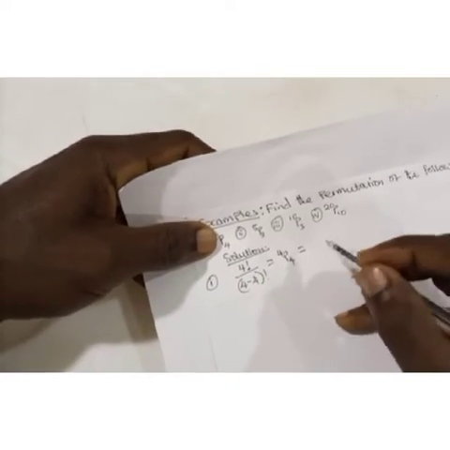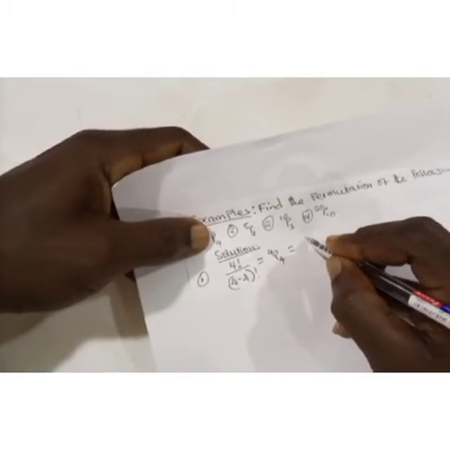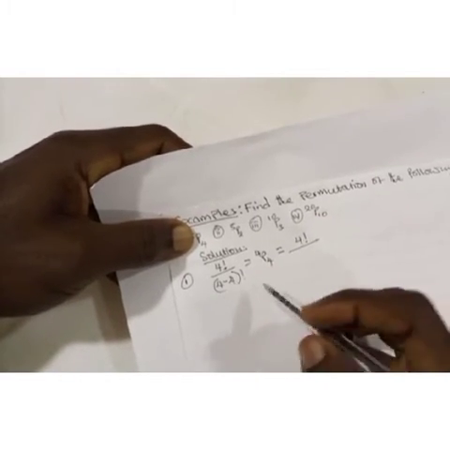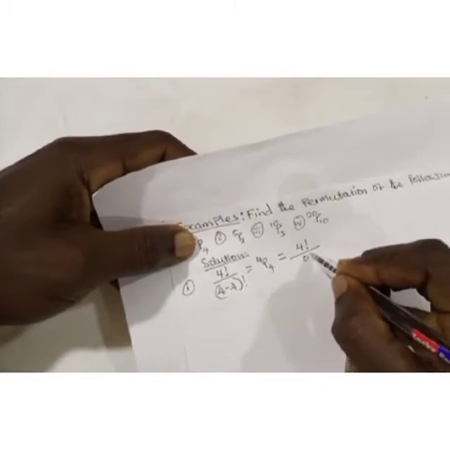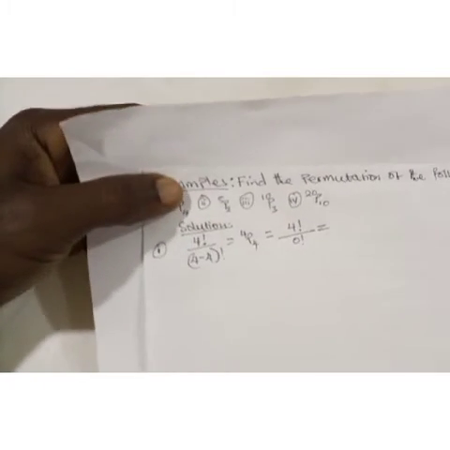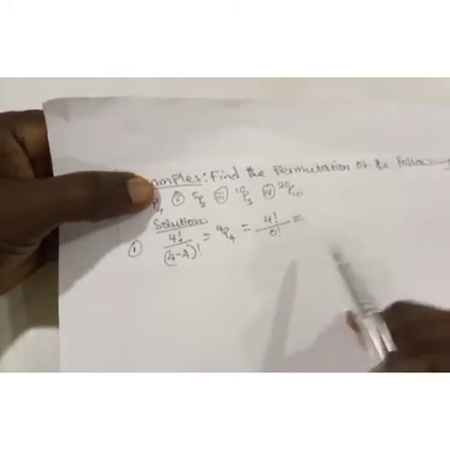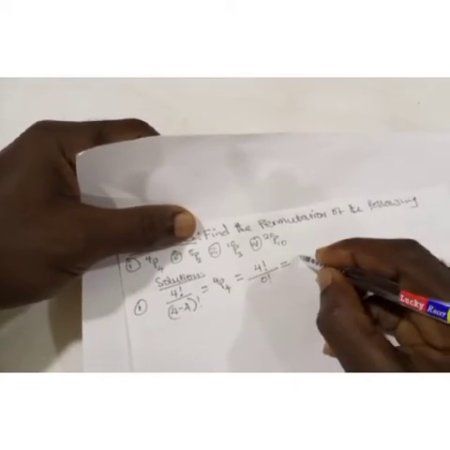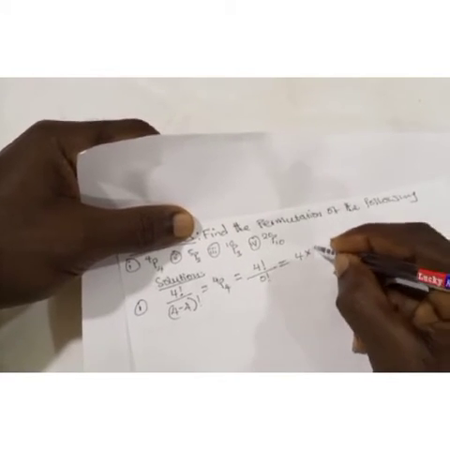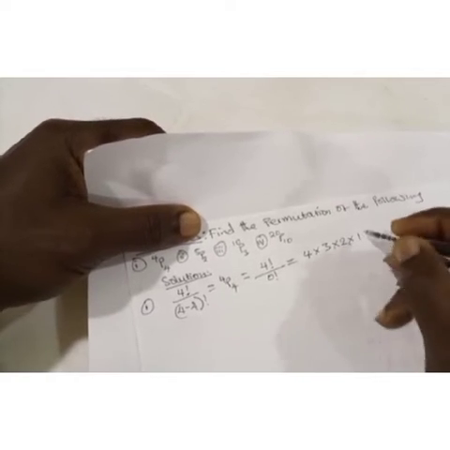So which is equals to 4 factorial all over 4 minus 4, it gives you 0. That is 0 factorial. And if you remember, in our initial example, we said when we have 0 factorial, it is equals to 1. So 4 factorial now will be equals to 4 times 3 times 2 times 1.